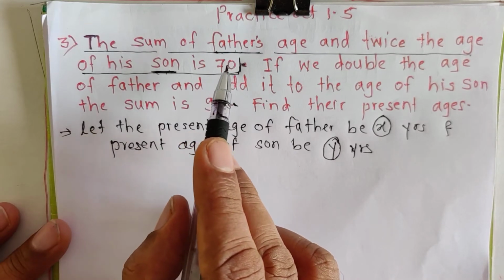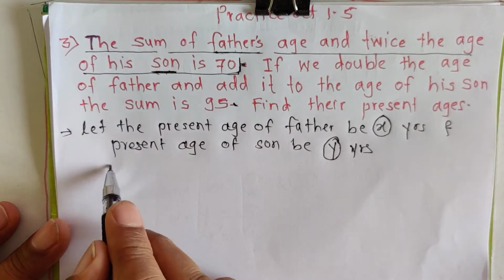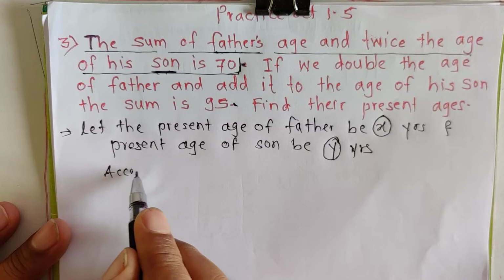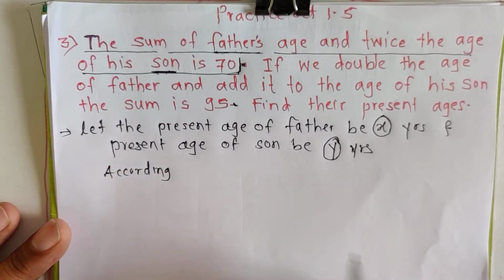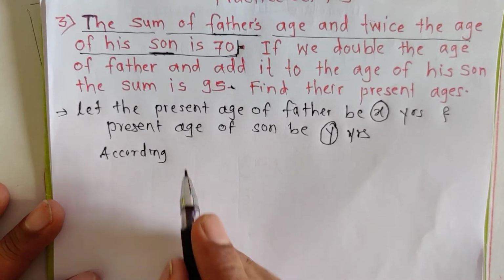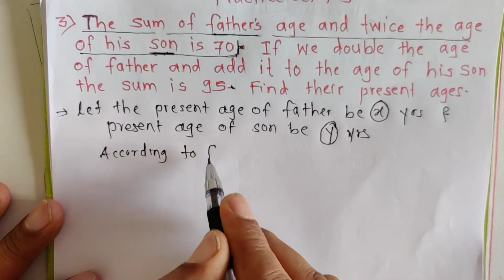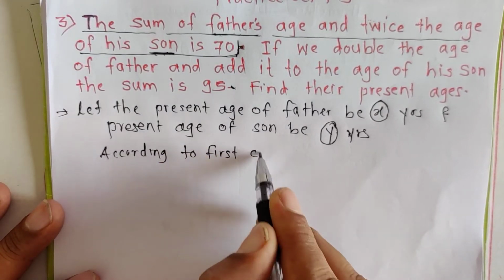sum of, that is addition of, father's age. So instead of writing the full condition, we can write only this statement: according to first condition.